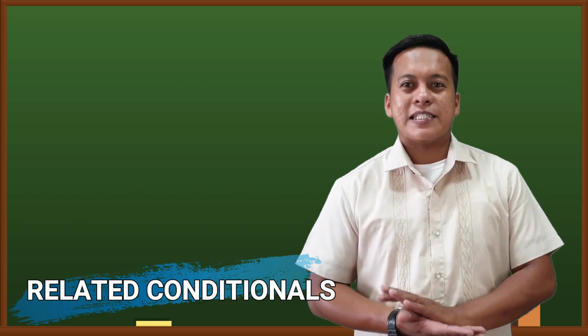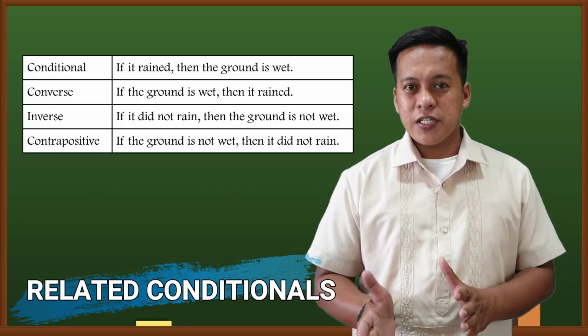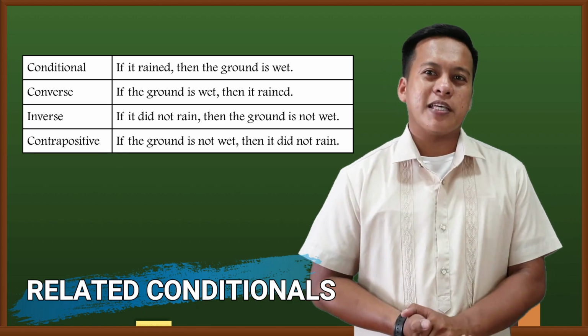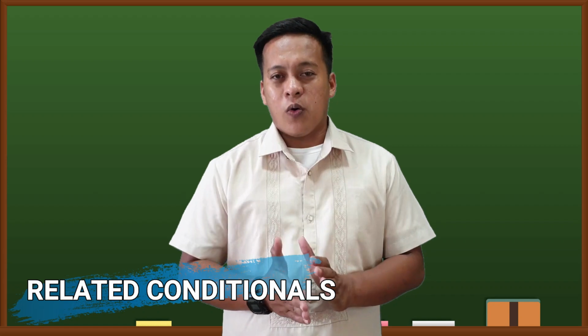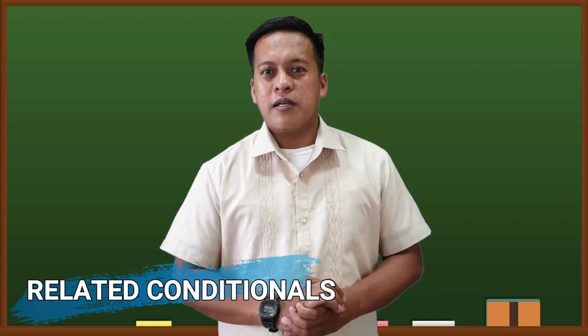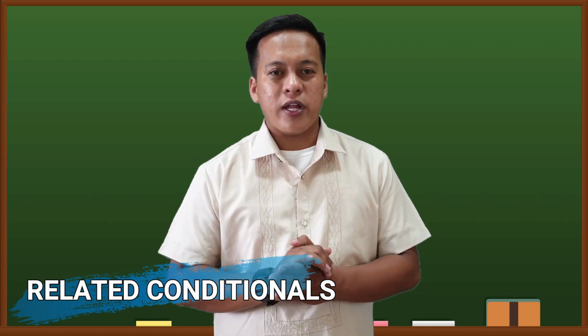We summarize our answers in the table. Writing the converse, inverse, and contrapositive statements is easy, right? Now, to master this skill, let us apply once more the same steps through another example.